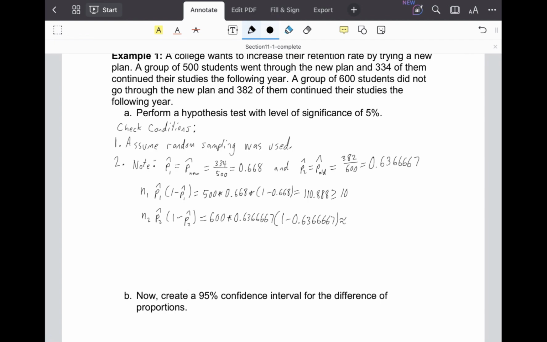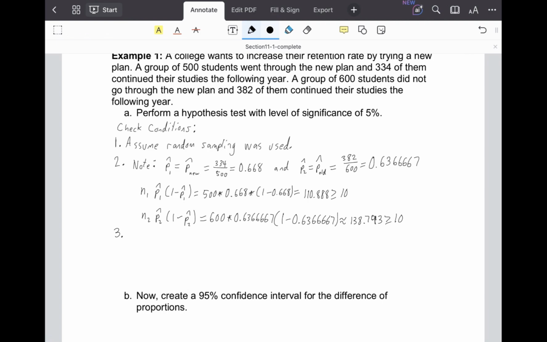And this gives us 138.793, which is definitely greater than or equal to 10. So both of those are greater than 10, which means our sampling distribution in this situation is approximately normal.